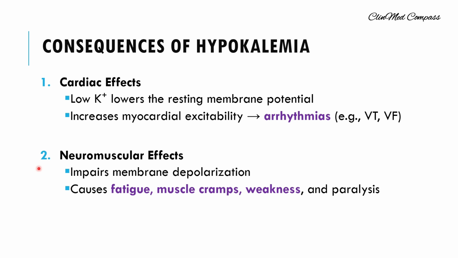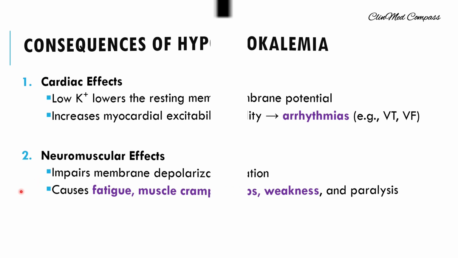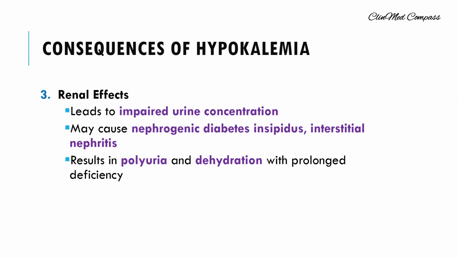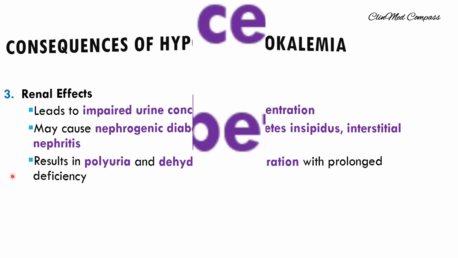Low potassium impairs membrane depolarization. This results in neuromuscular symptoms like fatigue, muscle cramps, weakness, and even paralysis. In the kidneys, hypokalemia impairs the ability to concentrate urine. This may cause nephrogenic diabetes insipidus, resulting in symptoms like polyuria and dehydration.